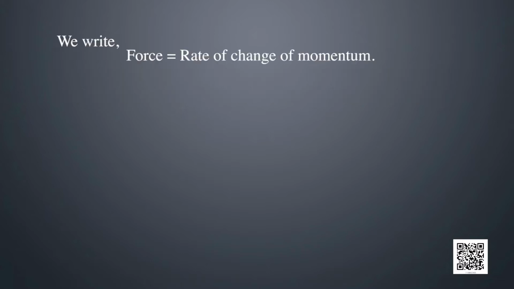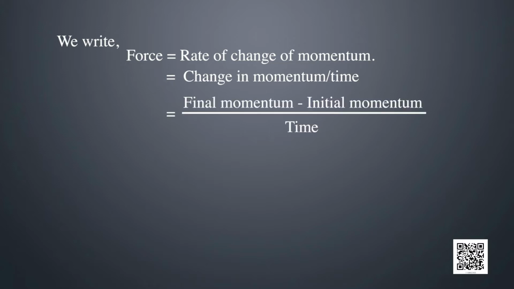We write force equal to rate of change of momentum, equal to change in momentum divided by time, equal to final momentum denoted by Pf minus initial momentum denoted by Pi, divided by time. We know momentum is the product of mass and velocity.